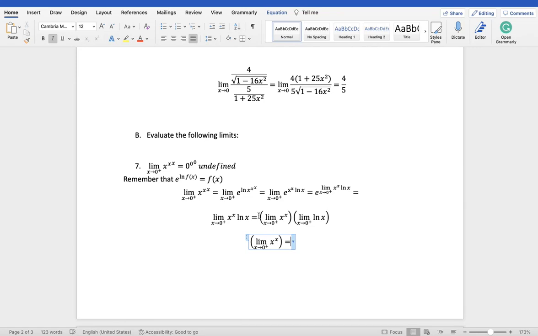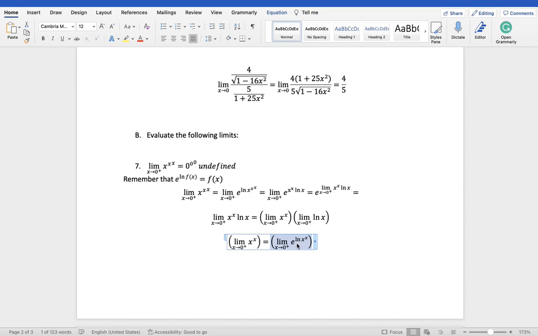And then you'll use again this identity here, right? So you get e to the ln of x to the x, right? And once again, the x exponent can come out.